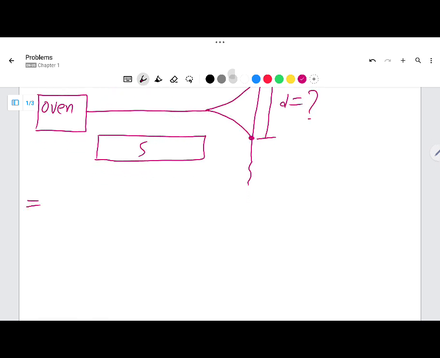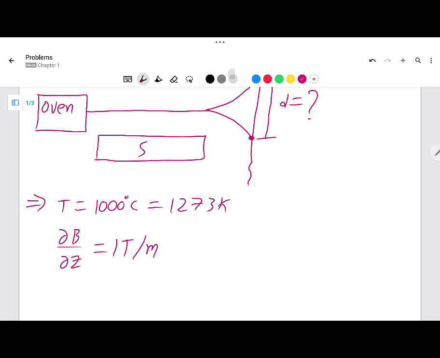So we know the temperature, that is 1000 degrees centigrade, or in terms of Kelvin, 1000 plus 273 Kelvin. Then there is a magnetic field gradient. So I would write this as dB by dz, which is 10 Tesla per meter.